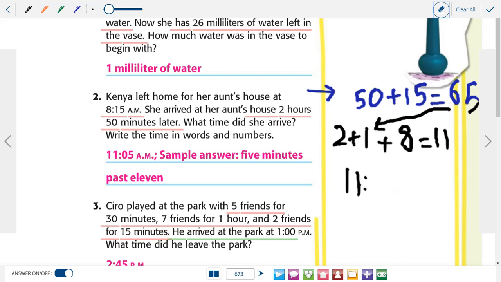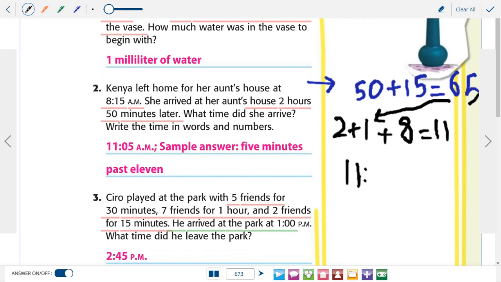I will write the 5, then we will do the next question.